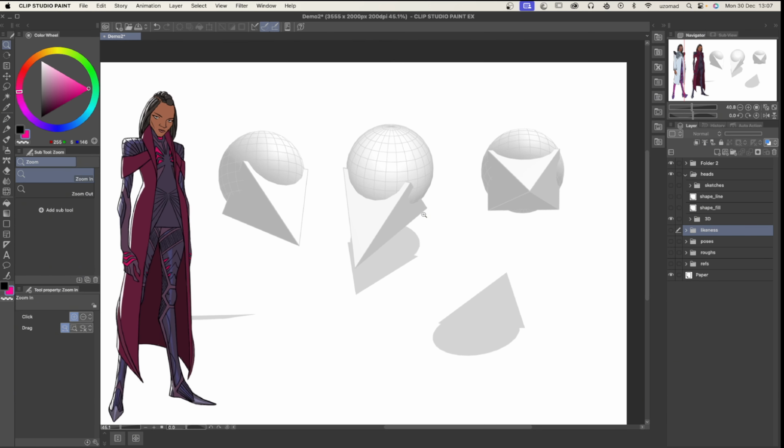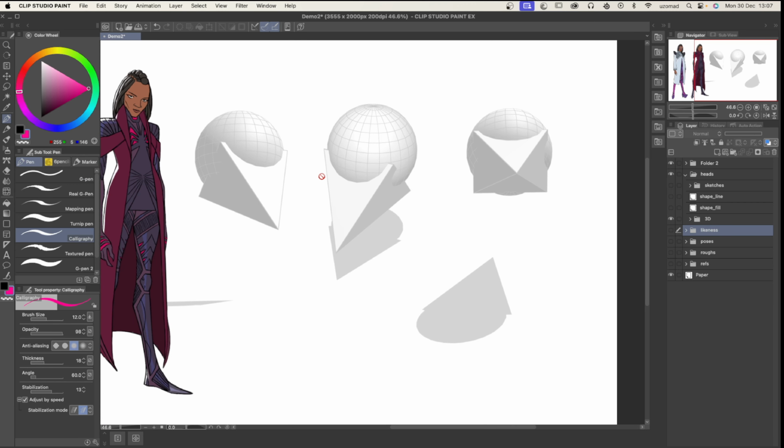To do that, I have taken the liberty to create this shape in 3D form. I'm using Clip Studio Paint. I believe you can do this with any software. If you're using Blender, you should be able to do that with Blender as well. So this is a three-dimensional shape, and then I've rotated them at different angles so that I can draw the heads on top of that.